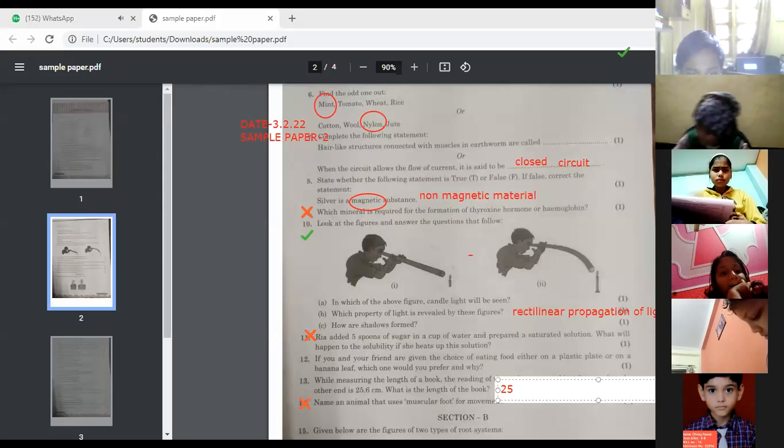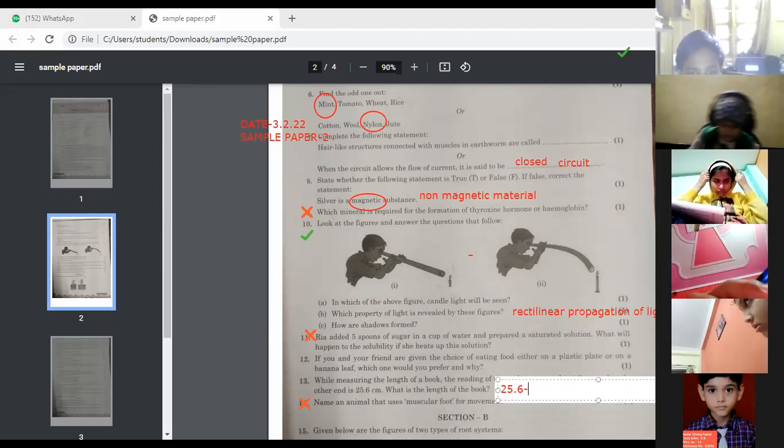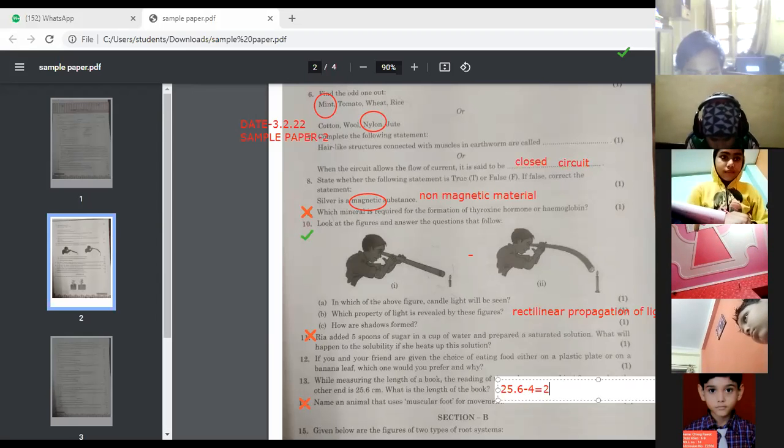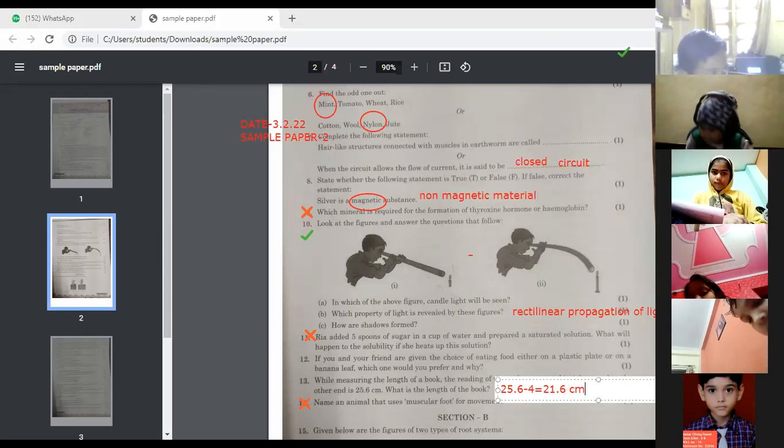So we will subtract: 25.6 minus 4 is equal to 21.6. So the measurement is 21.6 centimeters. Okay, fine. Charvi, what do you want to say? Is the answer the same for you also?